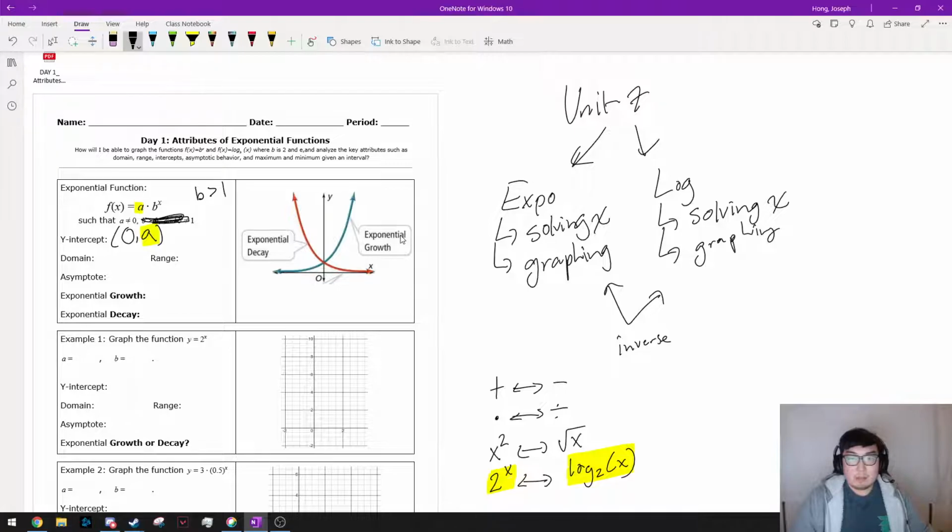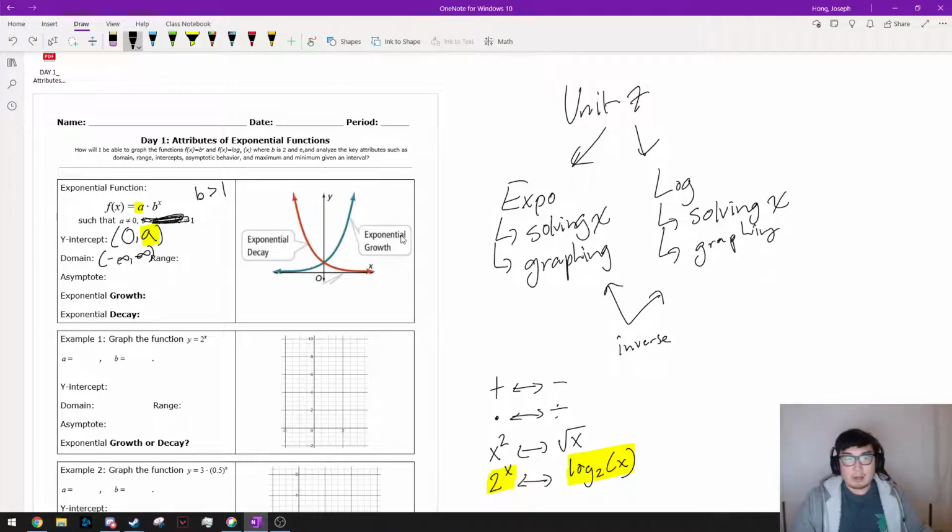The domain, if I'm talking about this blue graph right here, or even this red graph, we're going to be talking about the blue graph the majority of the time. The graph for the blue line and the red line have a domain of all real numbers, which is also negative infinity to infinity. But range is a little bit different because, as we can see by this end right here, it's approaching 0, but it's not touching 0, as in it's getting very, very close to it.